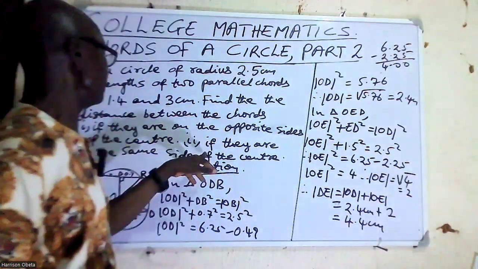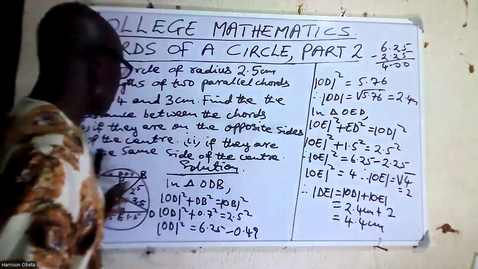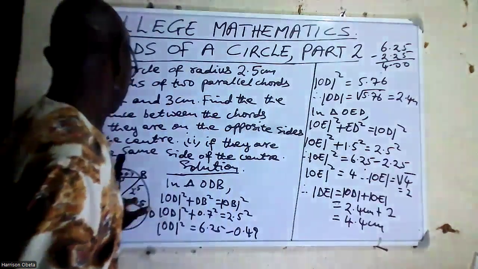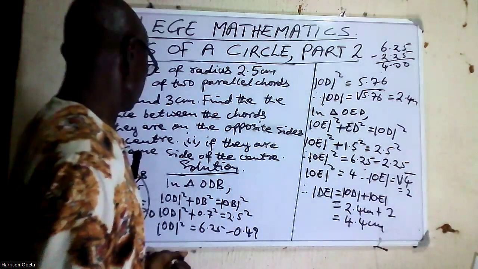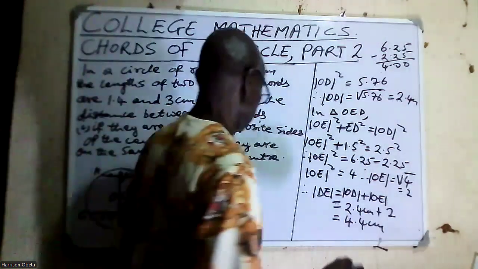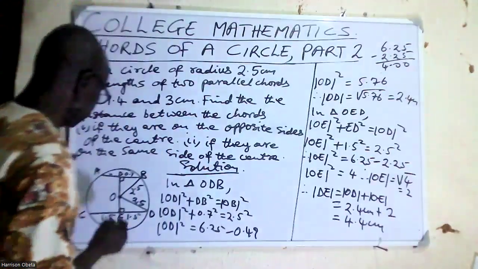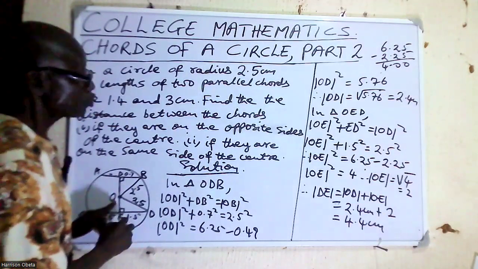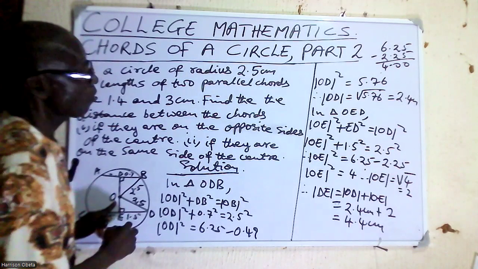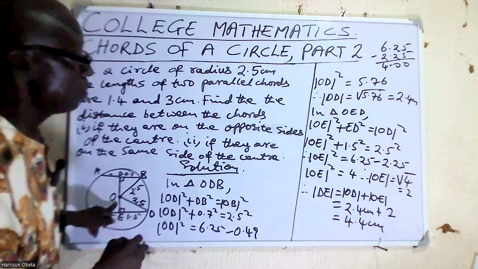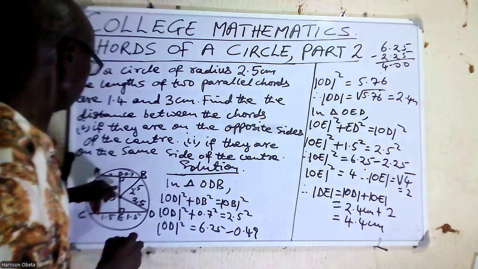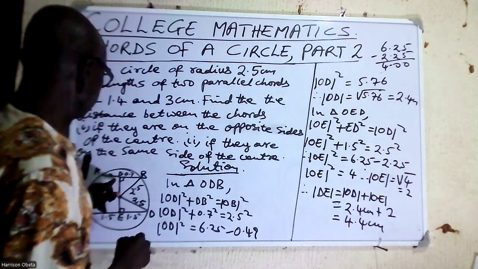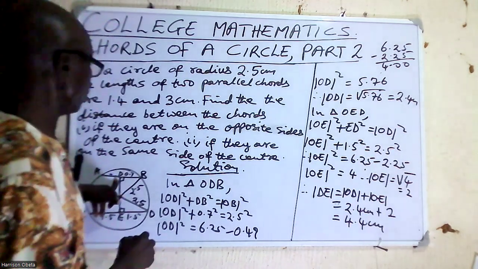But we were asked to find the distance between the chords if they are on the same side of the center. We can now do that. Remember that we already know the distance from the center to the longer chord is 2. Sorry, the longer one is 2, while the shorter one is 2.4.